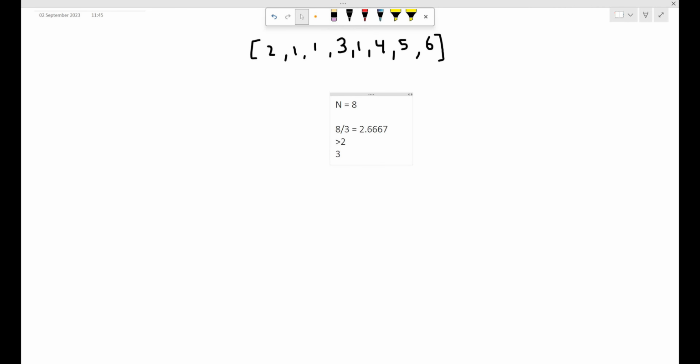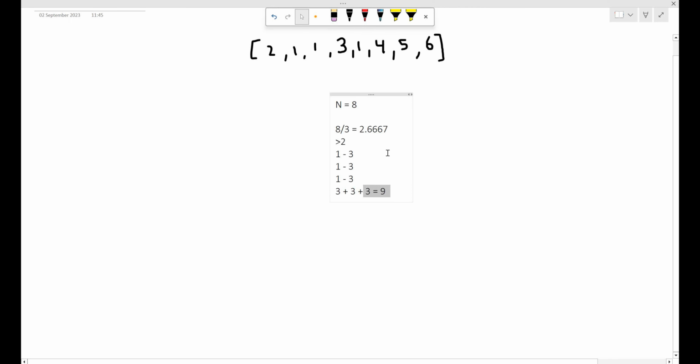So if I find one element, it is taking 3 places. If I find one more element, it is also taking 3 places. And if I find one more element, it will also take 3 places. So 3 places for one element, 3 for another, 3 for another, which becomes 9, right? And our n is of size 8, and our total is becoming 9 if we take 3 elements.